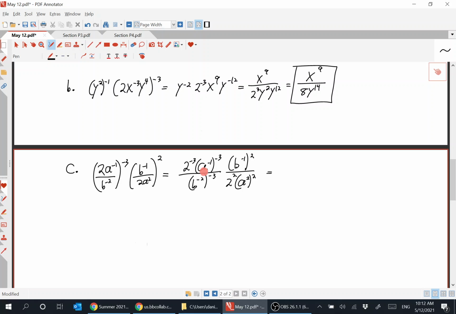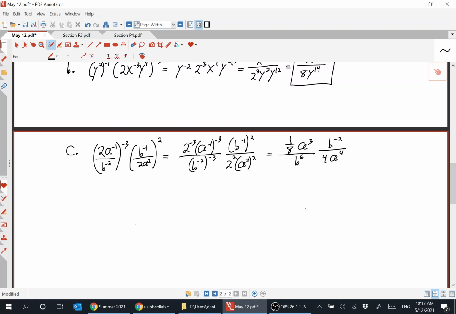All right. So now let's evaluate these. That a to the m to the n is a to the mn again. So the 2 to the minus 3, that's 1/8. This is a to the 3rd. This is b to the 6th. This is b to the minus 2. And this is 4a to the 4th.